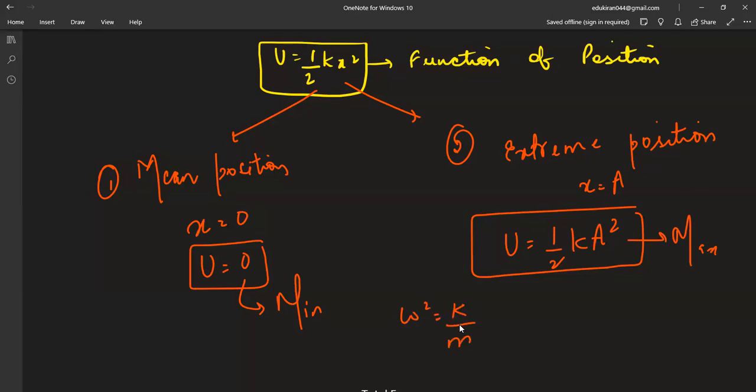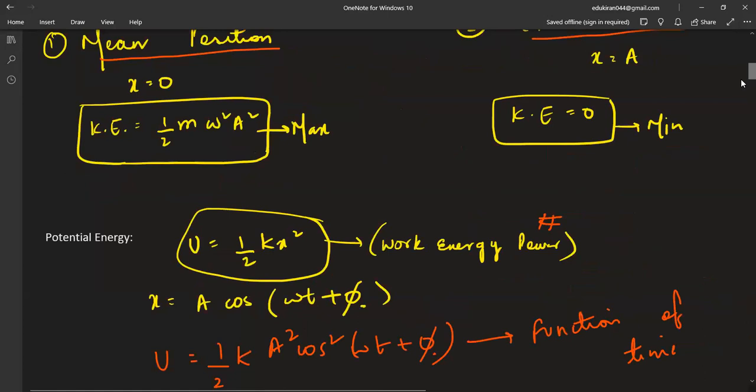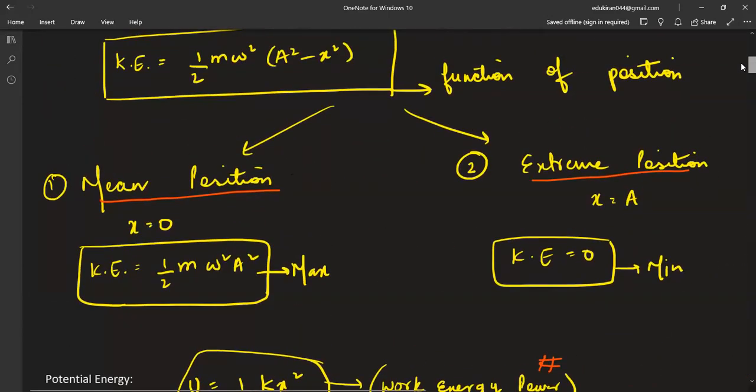This also we have discussed in the initial class only. When we were doing the second order differential equation, so u is equal to half m omega square a square also. This also you can use. So write down all these equations, then I'll discuss it.